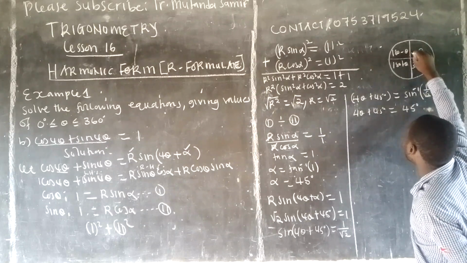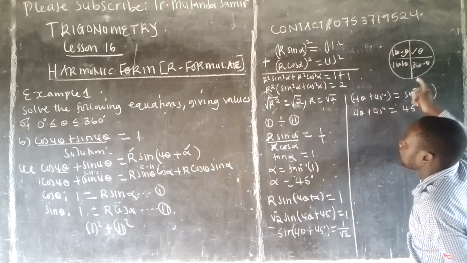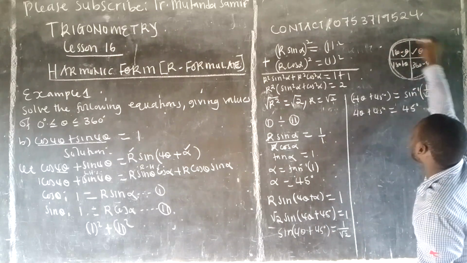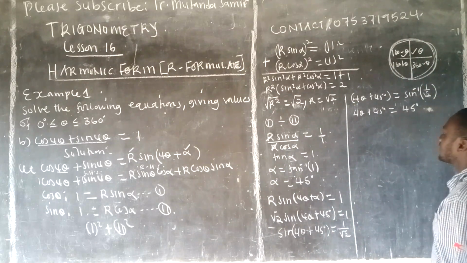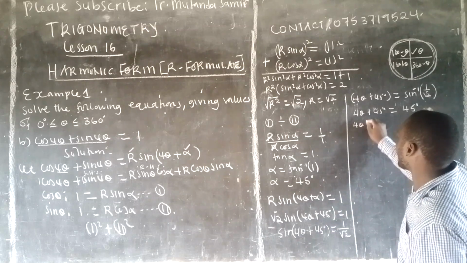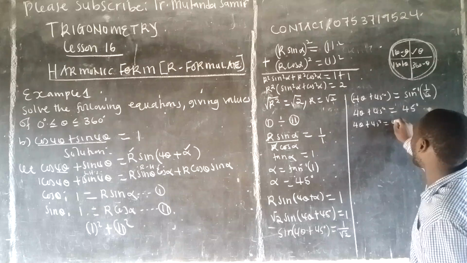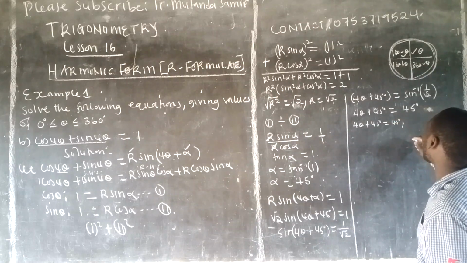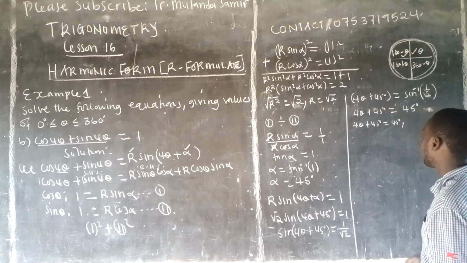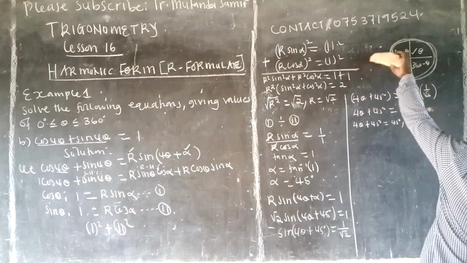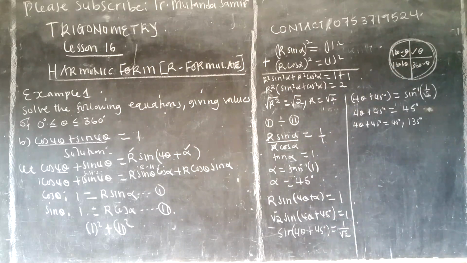Sine is positive here and there. As for the range, they allow us to use any of the quadrants from 0 to 360, the whole circle. So our angles will be 4θ + 45 degrees equal to 45 degrees, comma, now 180 minus 45 will be 135 degrees. Those are the answers we're having.